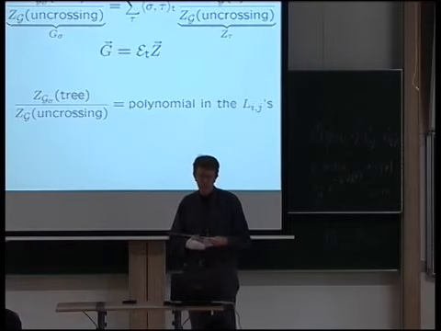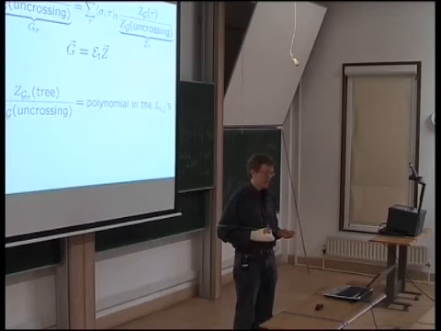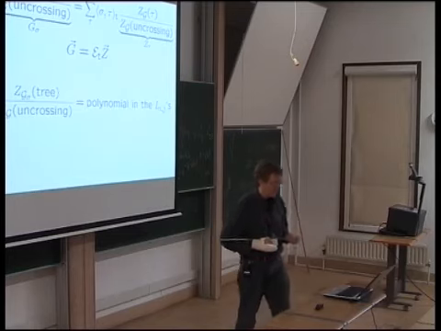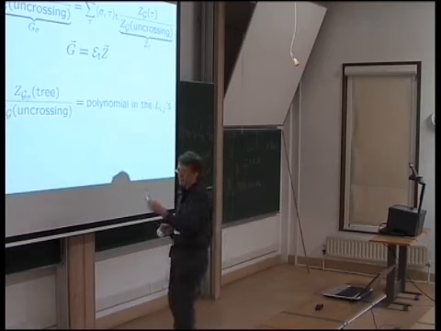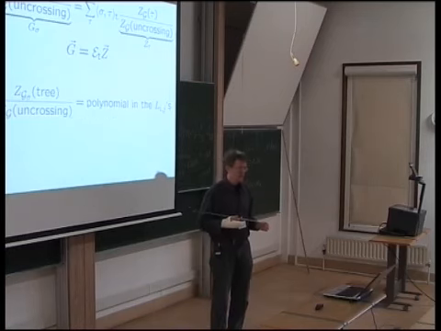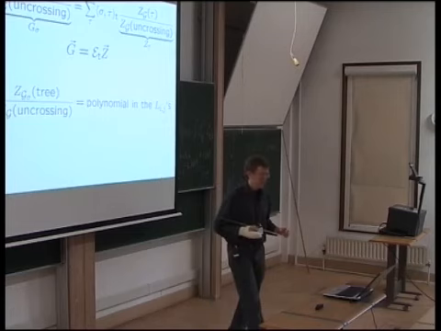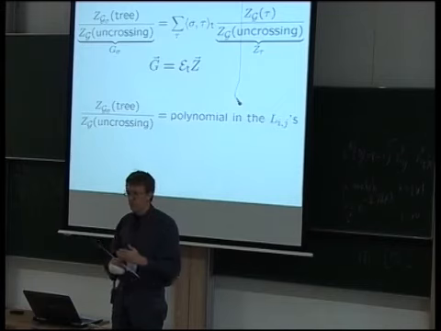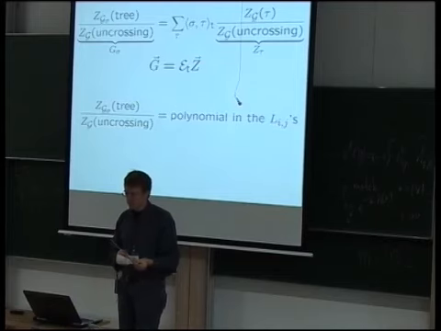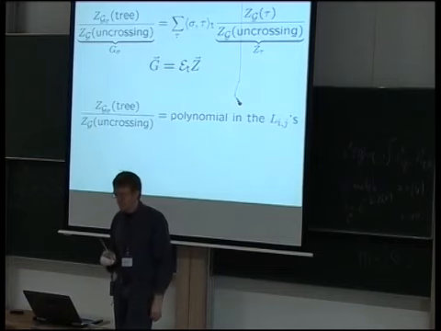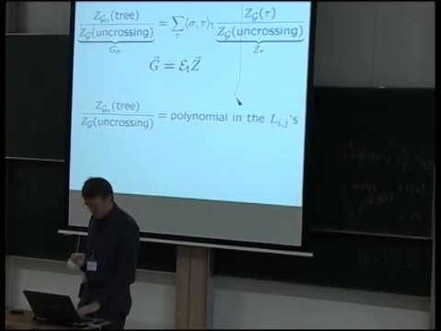Okay, but these g sigmas can be expressed as a polynomial in terms of the Lij's. And the reason for that is because we know how to compute these g sigmas. We just take the nodes, glue them together, and if you glue them together, what happens to the response matrix is that some of the rows get added to each other, some of the columns get added to each other, and then when you use the matrix tree theorem, in the end what you get is a polynomial in the Lij's.